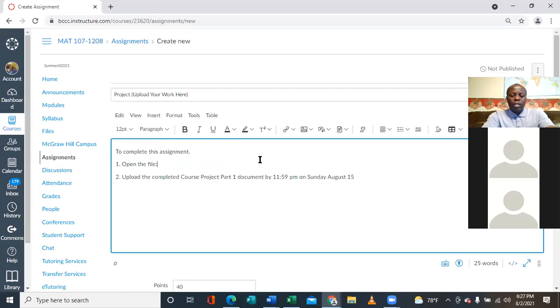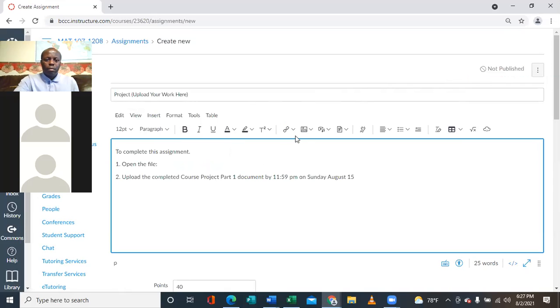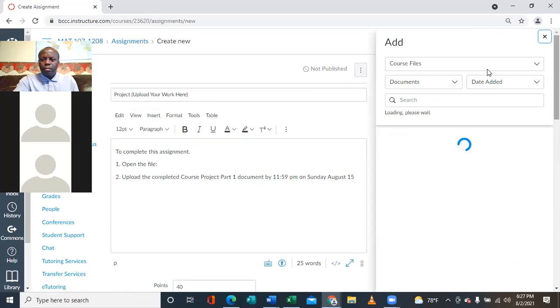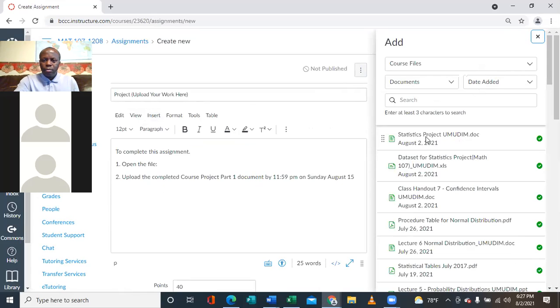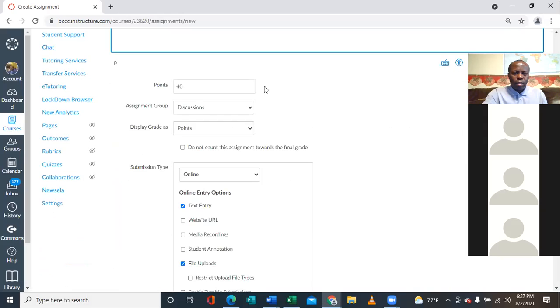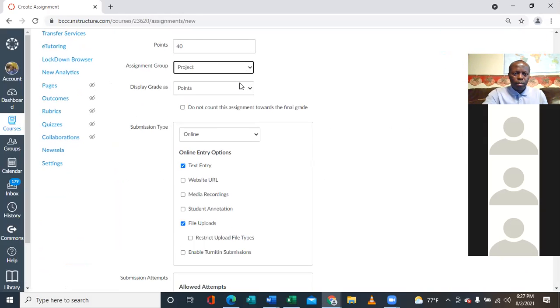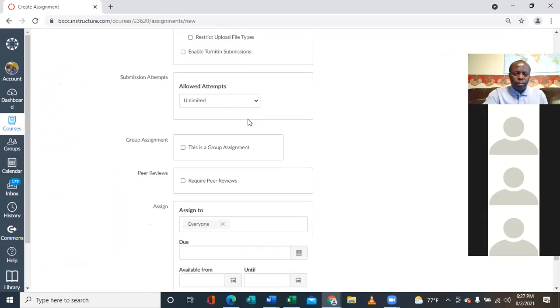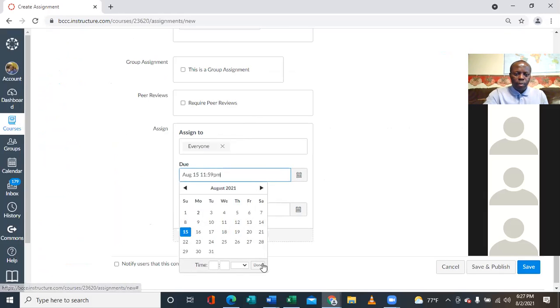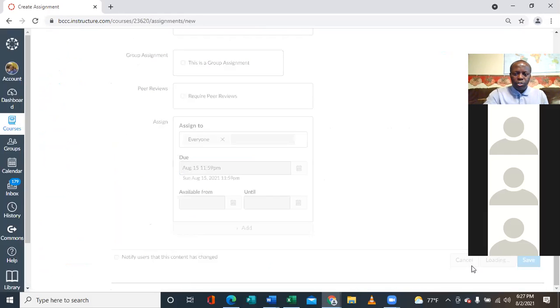This one, the one that says it is locked. So I'm going to insert this. Insert course document. Right here. So I'm going to put it. It's not uploaded. So I'm going to make it project. Okay. Due. I created this one by myself, so you shouldn't have a problem with it. Save and publish.